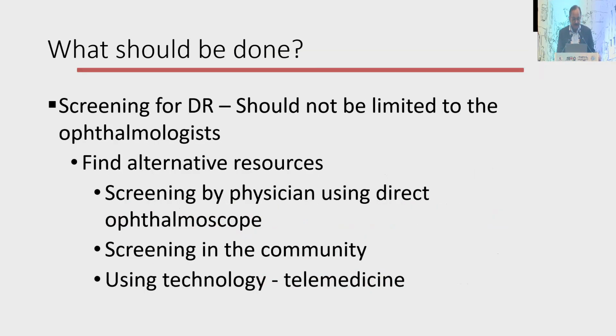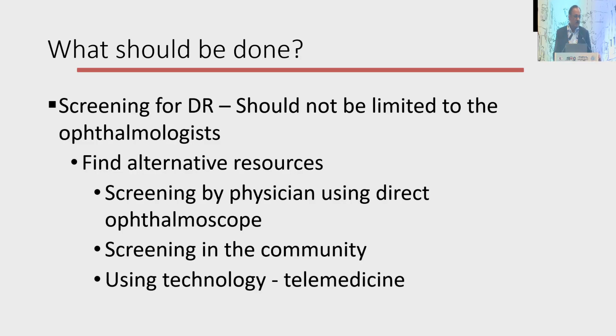So what should be done? Can only ophthalmologists screen all the diabetics for diabetic retinopathy? We have to find other ways, because the target population of diabetic patients is seen mostly not by ophthalmologists, but by general physicians, diabetologists, and endocrinologists.